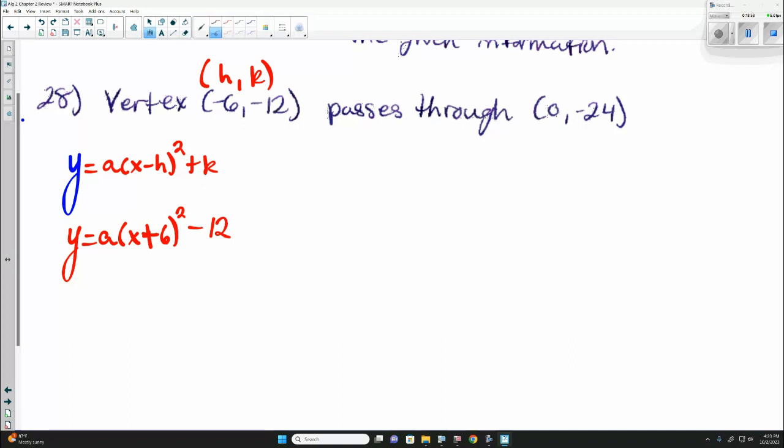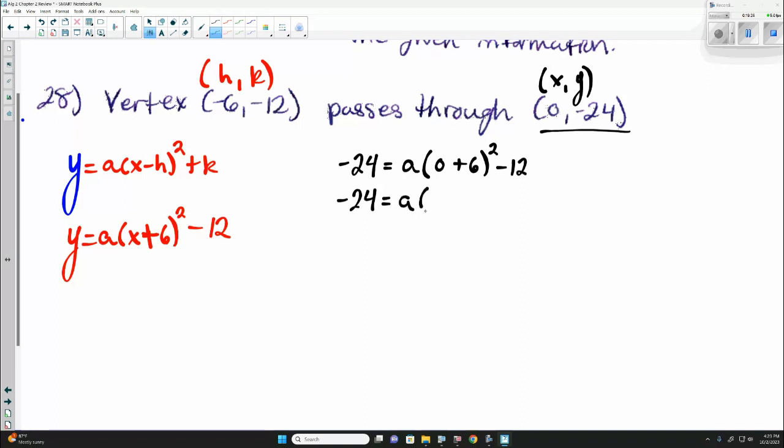The last thing we need to find is the value of a, and that's where our point comes into play, because it's our x comma y. And what it's saying is that when the y value is -24, our x value should be 0. So if I plug in 0 for x and -24 for y, we can solve for the value of a.